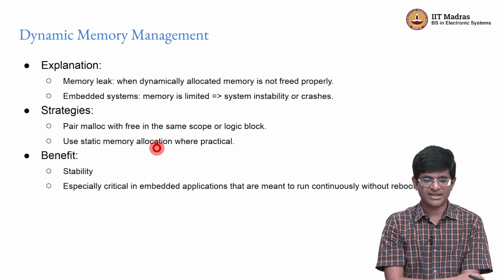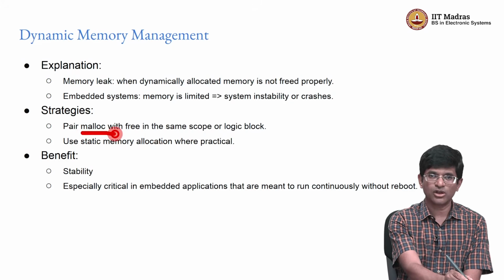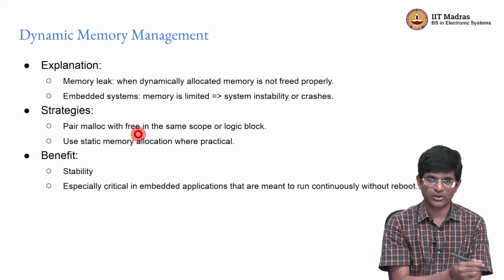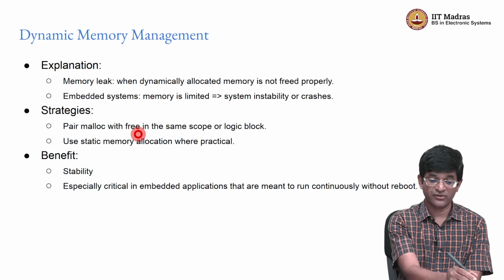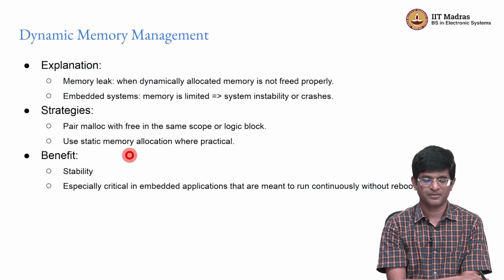There are a number of strategies that can be used over here. Typical would be to make sure that you track all your dynamic allocations and free them when required, right? And another one, which once again we will be talking about later, is use static memory allocation wherever practical.